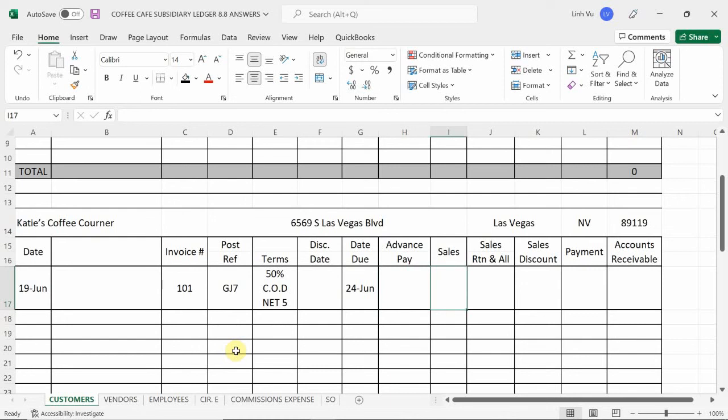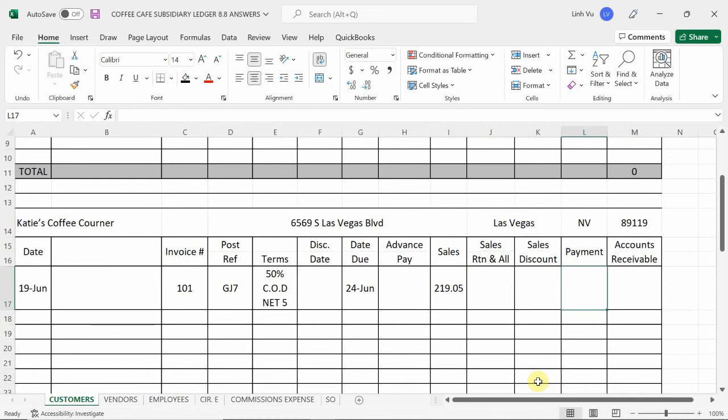Now that I'm filling out my customers form, notice that it's more or less identical to my vendors form. The only difference is I'm not dealing with invoice amount; I'm dealing with sales amount, sales returns, sales discount. So, how much was her total sales? 219.05. And did we receive a payment?